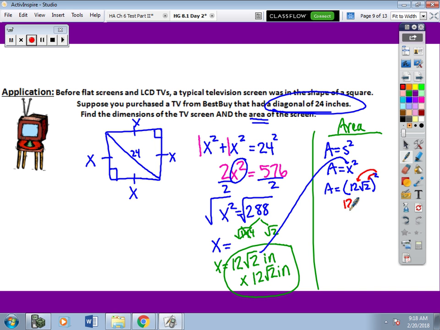So this would be 12 squared times the square root of 2 squared, which will get me 144, times 2 and the square root of 2. Those undo one another to just get me 2. And look at that, I get right back to what I had before I square rooted it. 288. Units would be square inches.